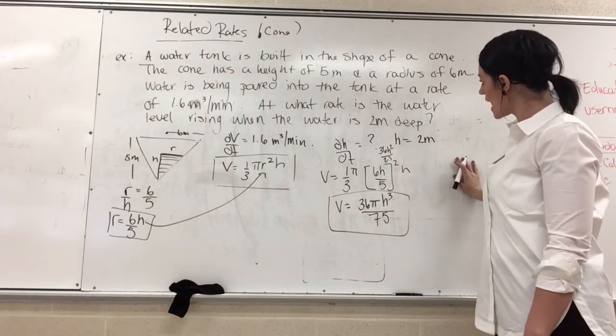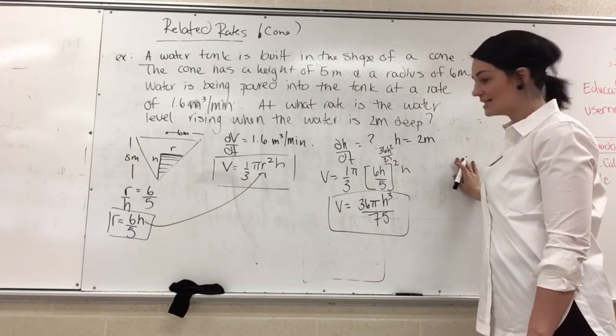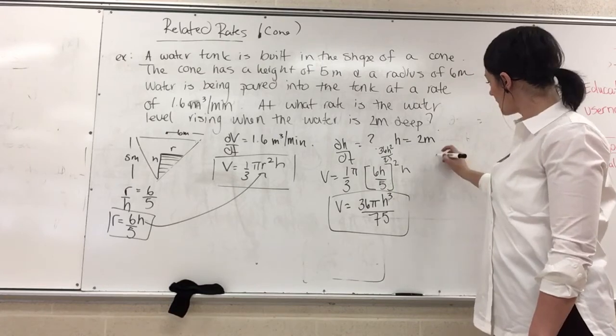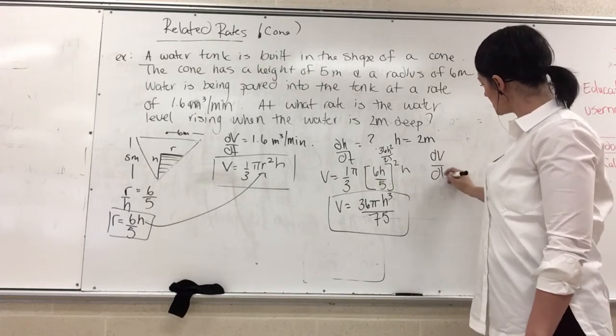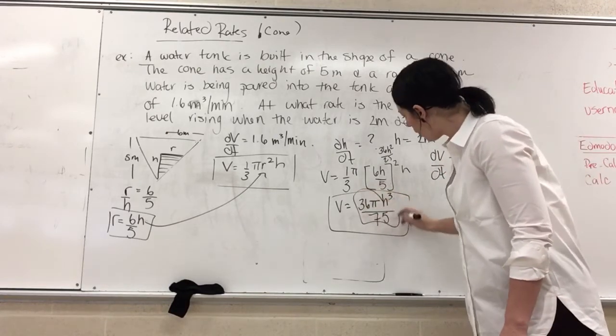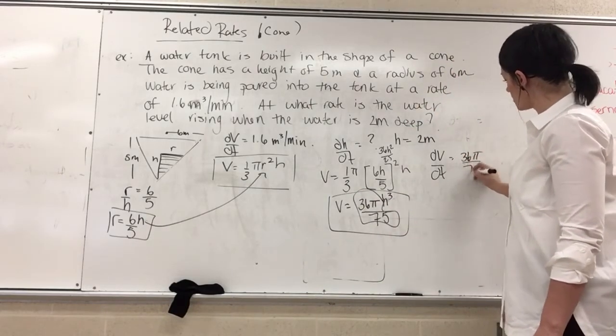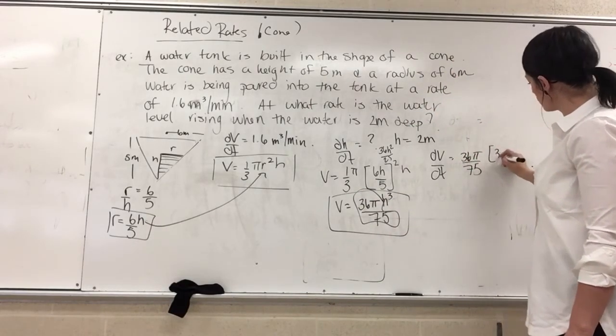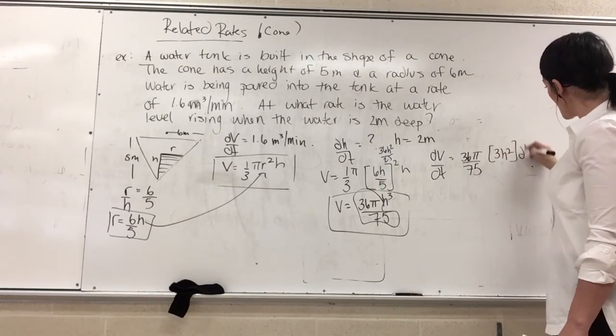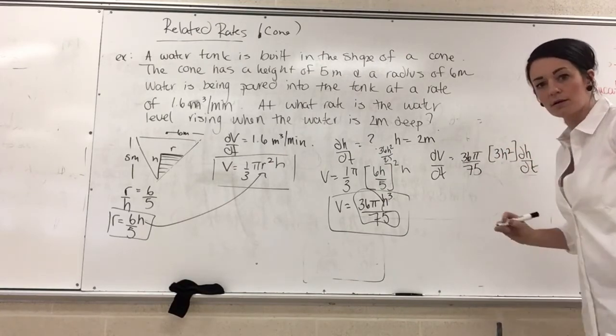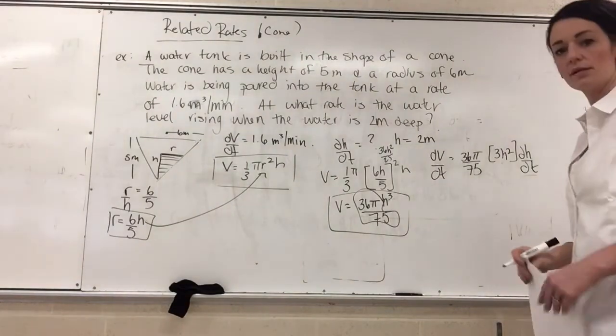Now that I have that, I apply d/dt to both sides. I get dV/dt equals, this whole thing is just a coefficient, so it's 36 pi over 75 times 3h squared dh/dt. Good, you can still see that.